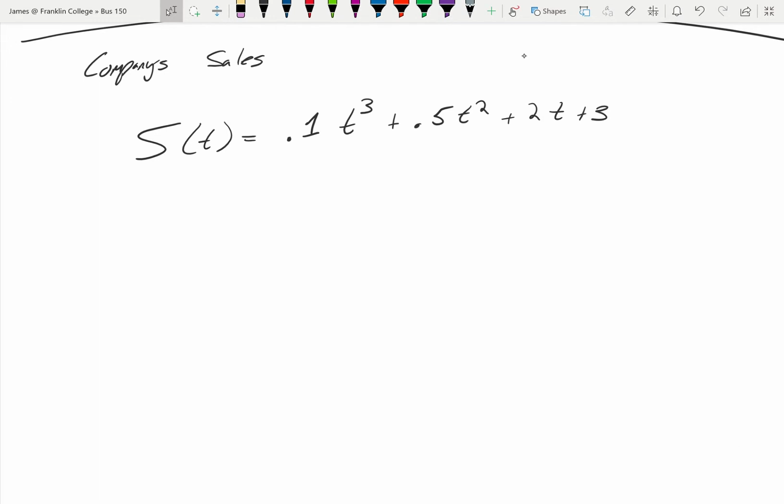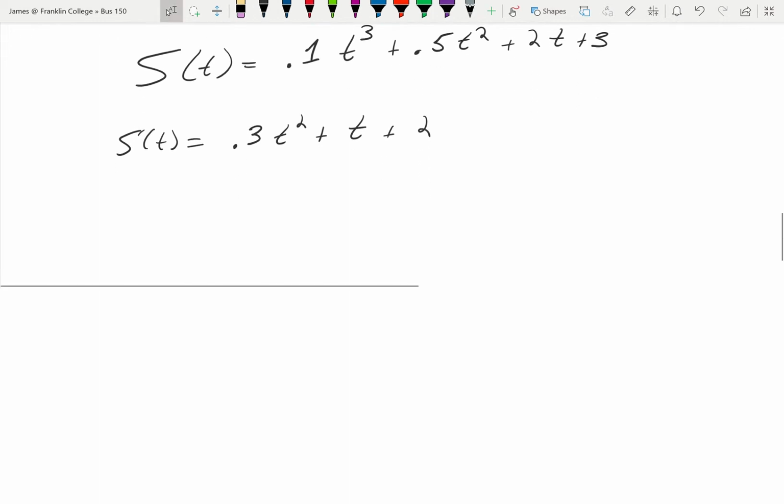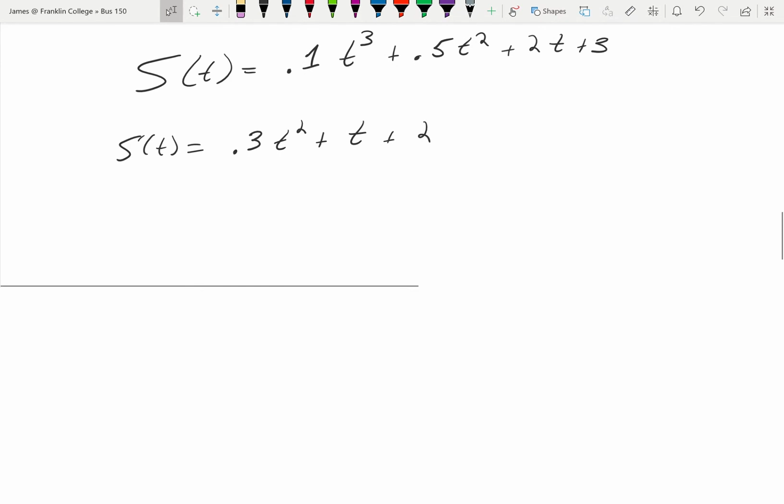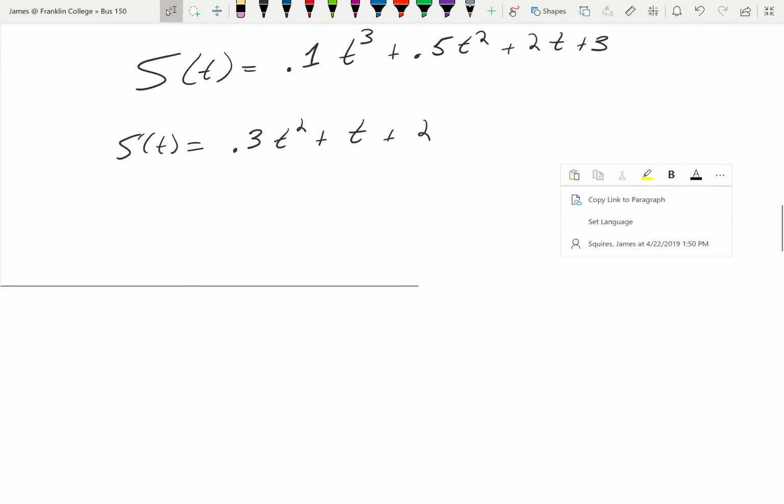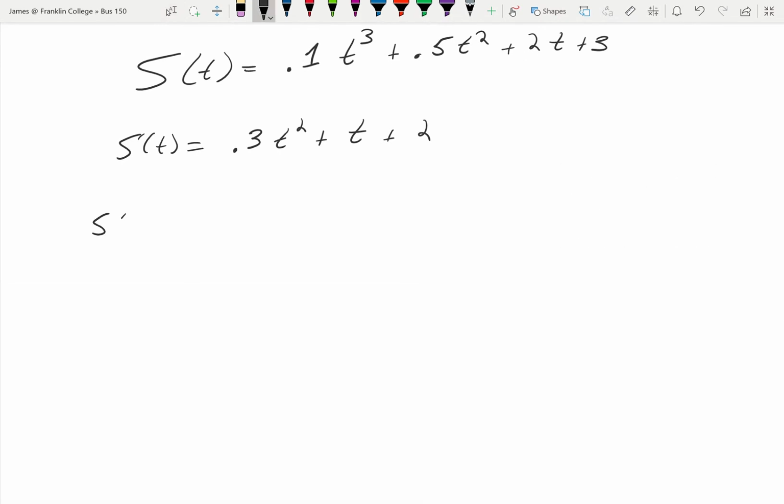Now we can figure out what s prime of t will equal. That equals 0.3t squared plus t plus 2. So that is s of t, and s prime of t. And then we can figure out what s of 5 equals. What is the total amount of sales during month 5?